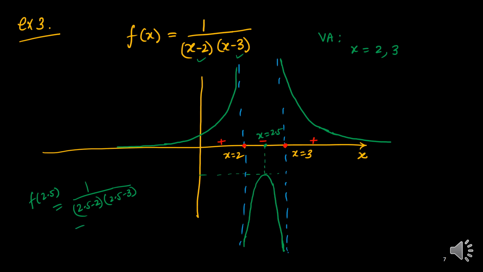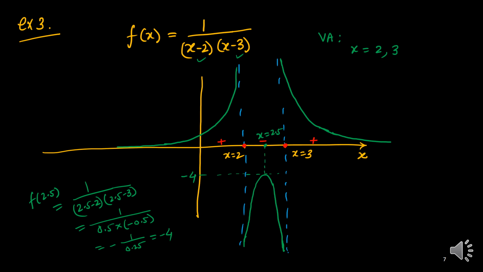So this value will be 1 upon, this is your 0.5 and this is your minus 0.5. So it is a minus sign, 1 upon 0.25, that is minus 4. So this value is minus 4. Okay, so you are going to get a maxima at x equals 2.5, and this is complete.